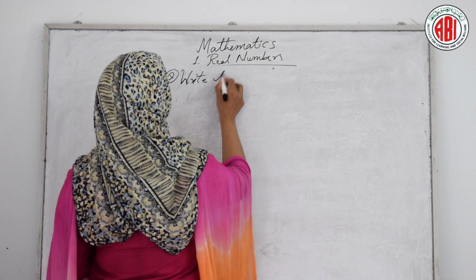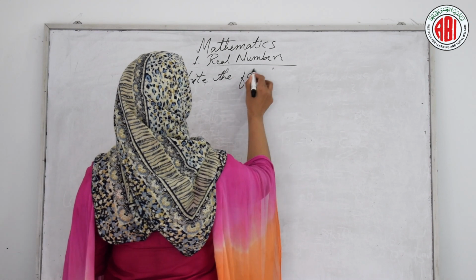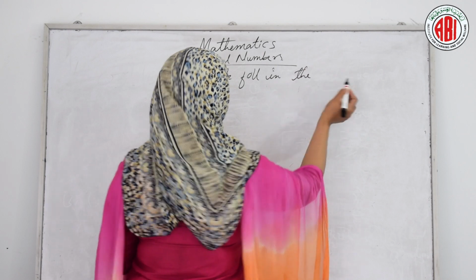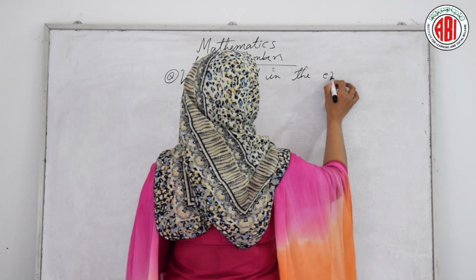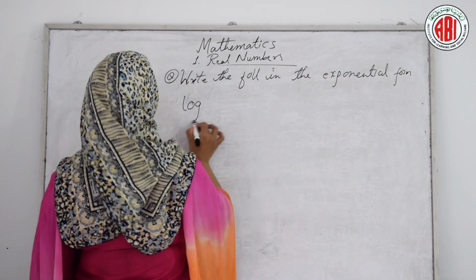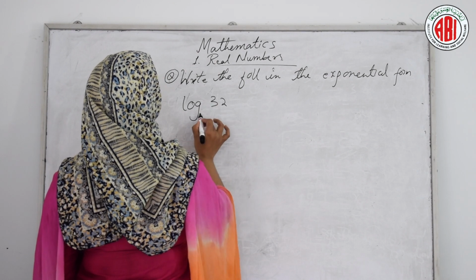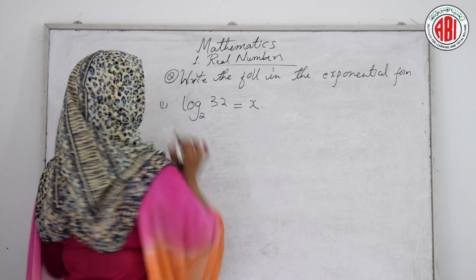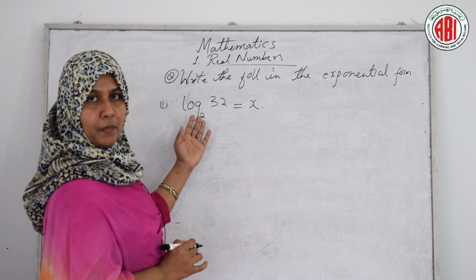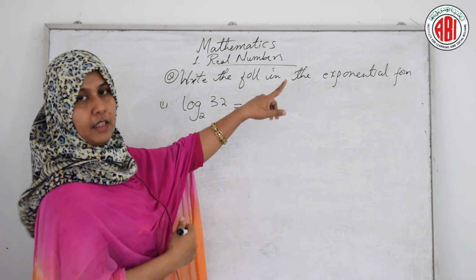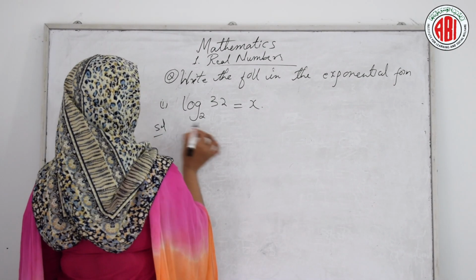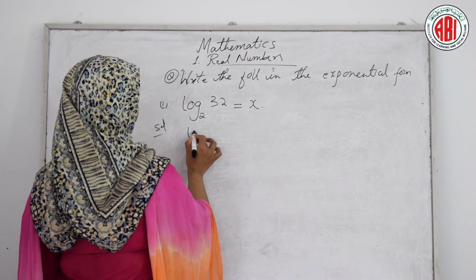Write the following in the exponential form. Log 32 base 2 is equal to x. Look, this is a logarithm form that you have to convert into the exponential form, right? Let us write the general form.